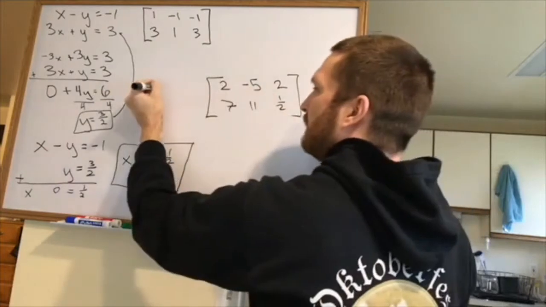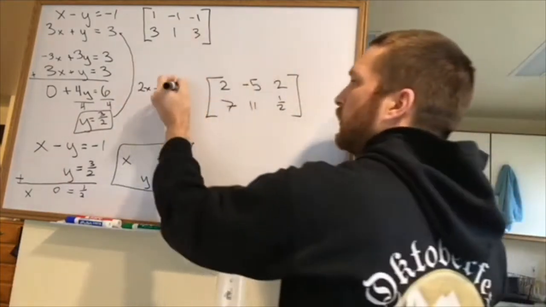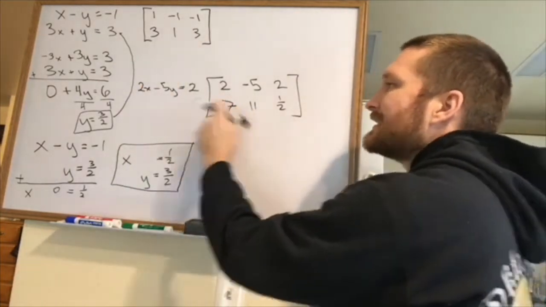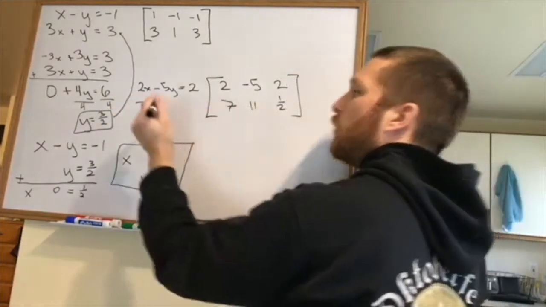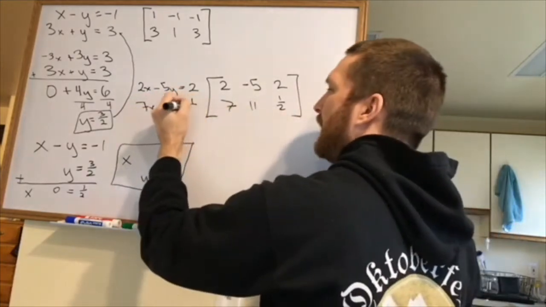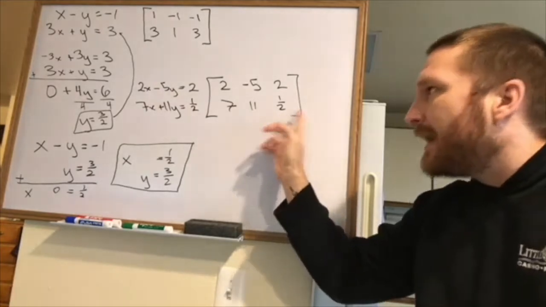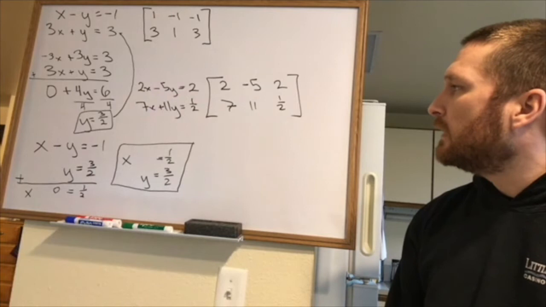This means I have minus 5 y's. The last one is equals whatever. So that equals 2. This is 7 x's. This must be plus 11 y's. And that equals 1 half. And so this is just a lazy way of writing this, right?